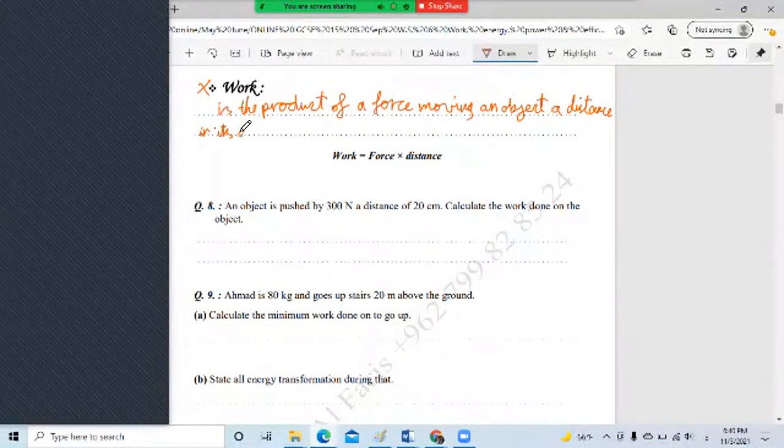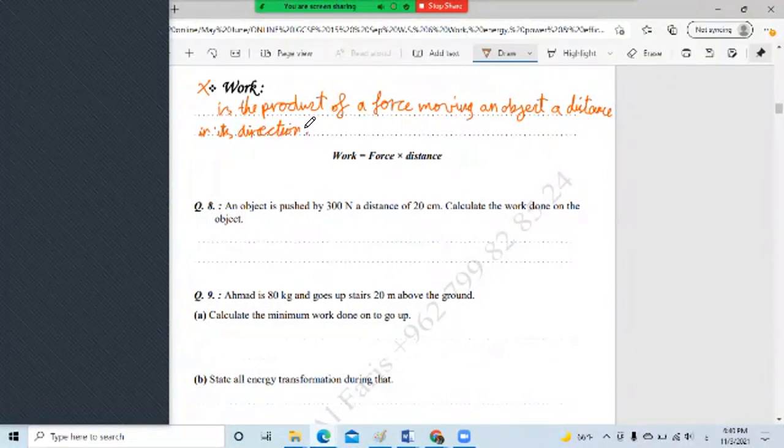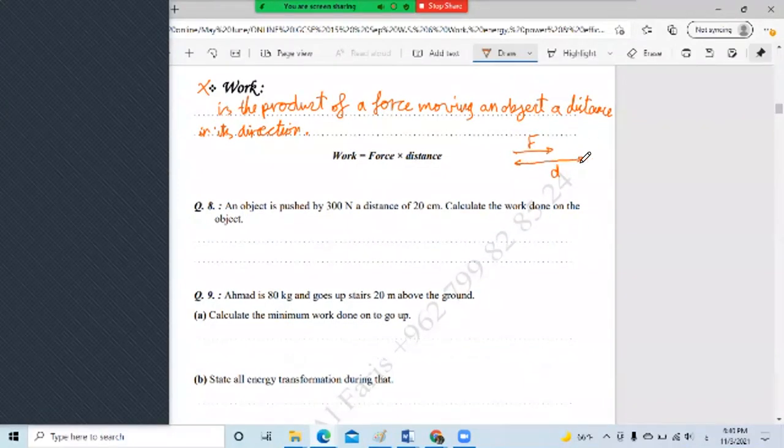It's very important to make the force and the direction parallel to each other. So if this is a force in this direction, the displacement that the object moves is supposed to be parallel, in the same direction, to the right, up, whatever, to make it work.